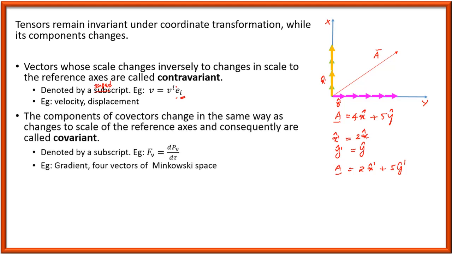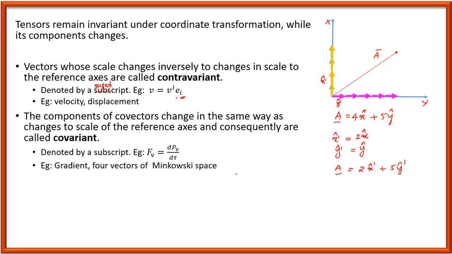Now, if there are vectors such that its components vary the same as the variation in its reference frame, then they are known as covariant vectors. The components of the covectors change in the same way as the changes in the scale of the reference axis. If a component of a vector changes covariantly, it is known as covariant vector.